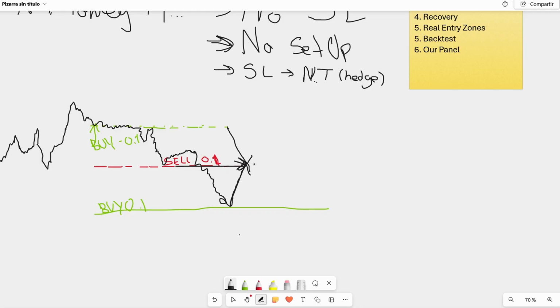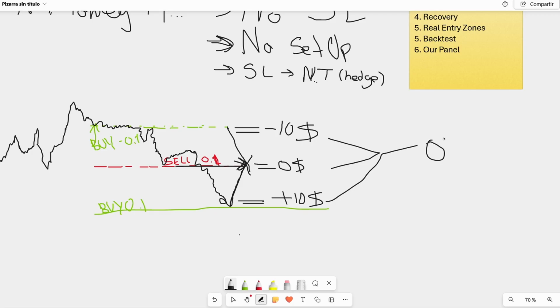So the result is $0. Let's suppose, just as an example, the result of this trade is minus $10 and the result of this trade is plus $10. So the result of all of this is just $0.